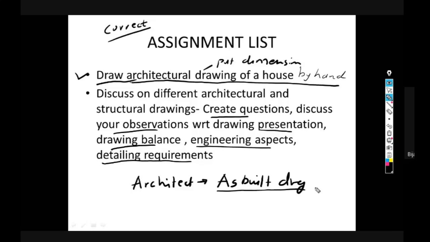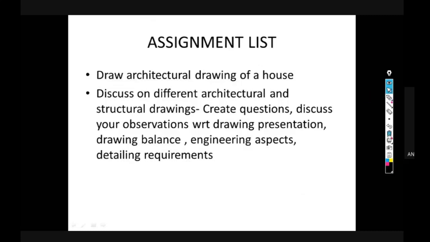As built means it is already built, and you are drawing it again, the actual drawing, as it is. That is an as-built drawing. So please draw the as-built drawing of your house, whatever the house may be. Please take a measuring tape. Purchase one. This is a good investment as a civil engineer.